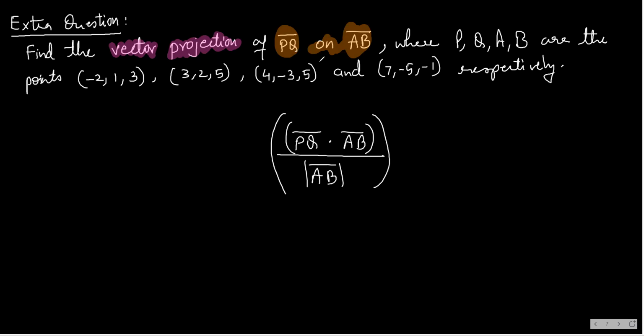You want the vector projection of PQ bar on AB bar. So what you will have to do next is multiply this scalar projection by a unit vector in the direction of AB bar, because it is on AB bar. What will the unit vector in the direction of AB bar be? It will be AB bar upon mod AB bar.